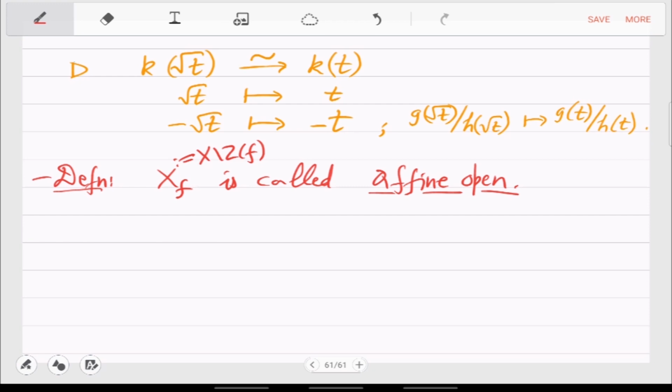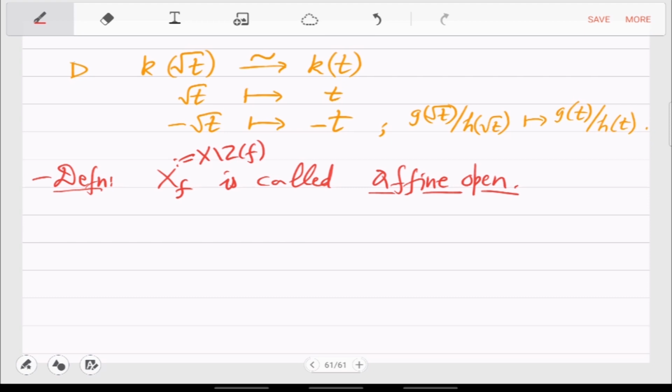So let me try to do that. I want to give an isomorphism from this to a zero set.